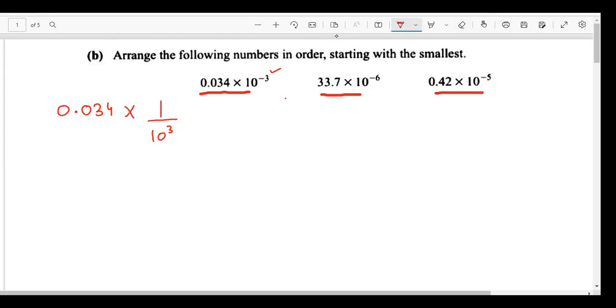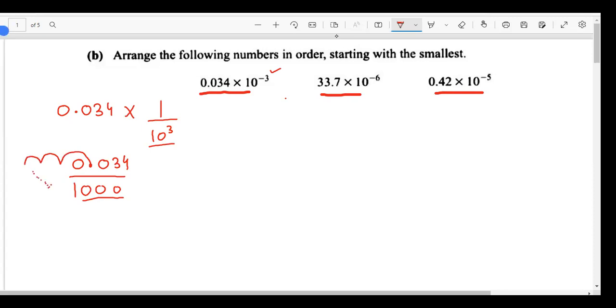Now, I can write it as 0.034 divided by 10 to the power 3. 10 to the power 3 means 10 multiplied by 10 multiplied by 10, that would be 1000. So I am dividing this decimal number by 1000. It has 3 zeros, so I will be moving the decimal 1, 2, 3 places to the left.